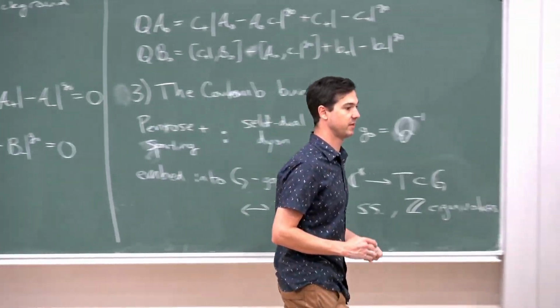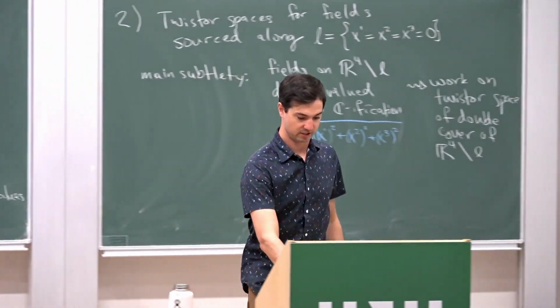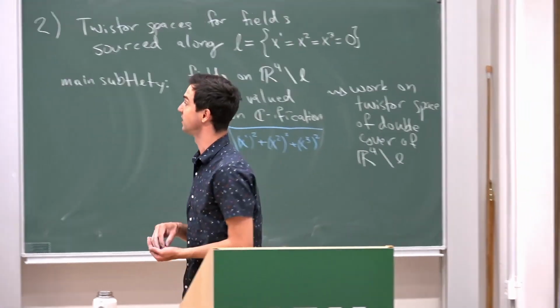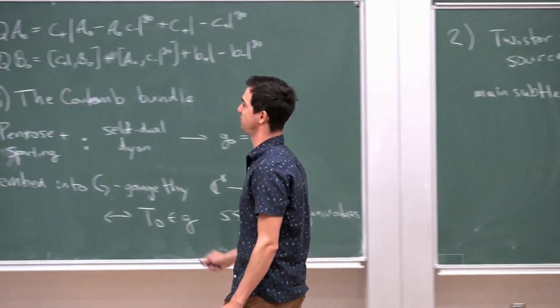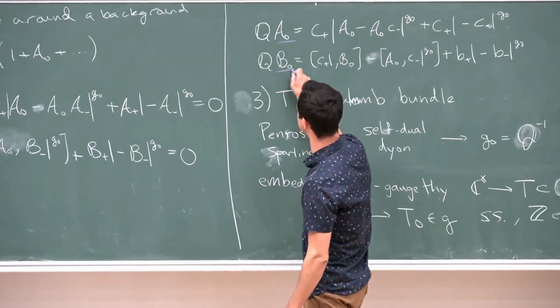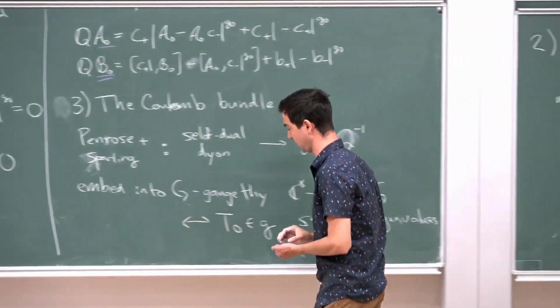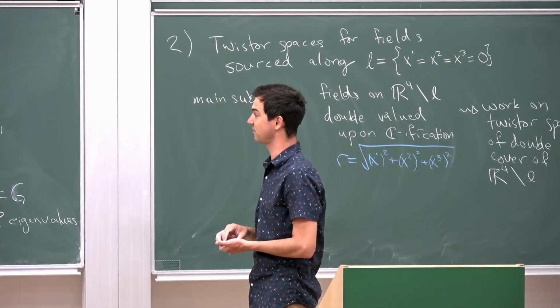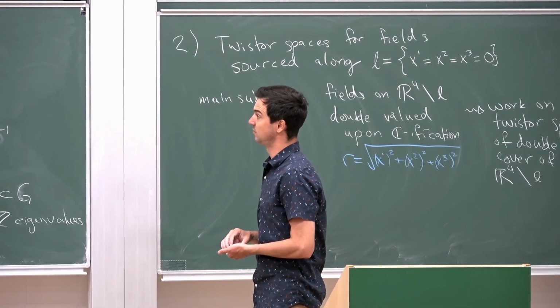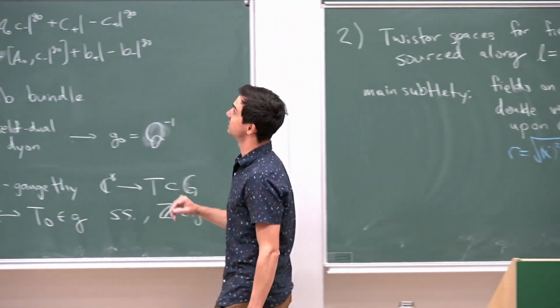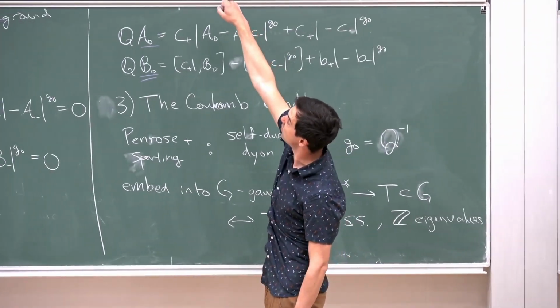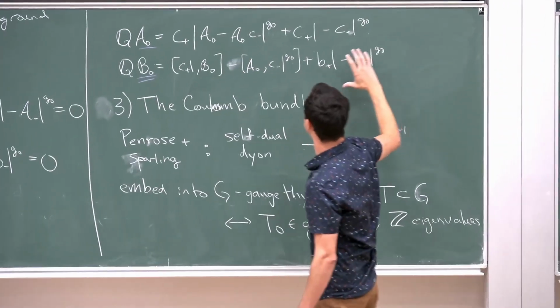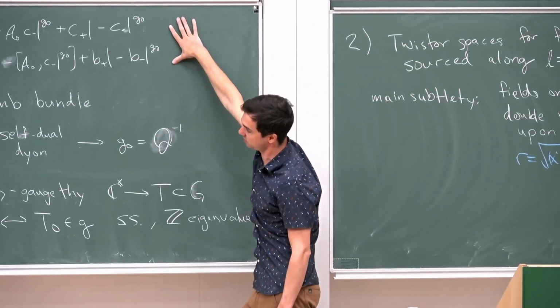But one thing I want to mention is that we shouldn't just look at C plus and minus, B plus and minus. We should also include A0 and B0 in that discussion. And I don't have time to explain that, so let me save it for afterwards if you're interested. But at the end of the day, we've got some Chevalley-Eilenberg complex that's 2 copies of that one, together with these transformations as well.